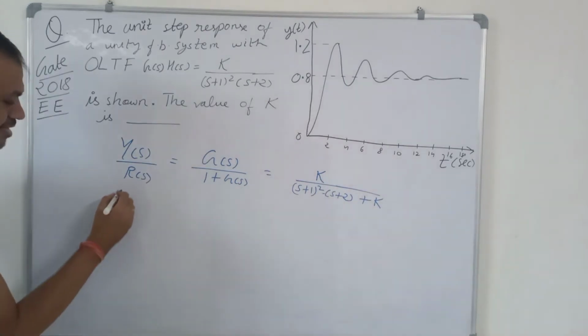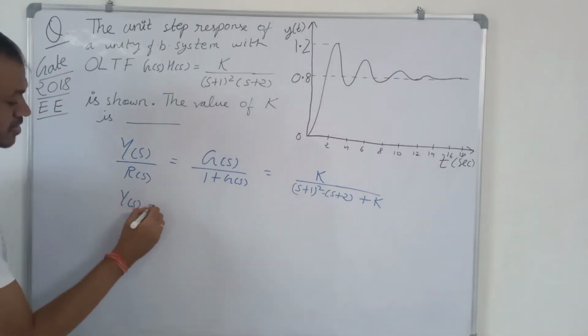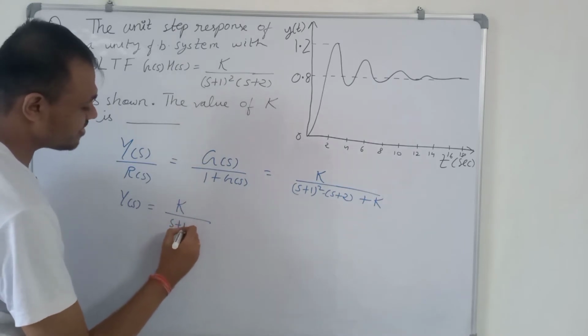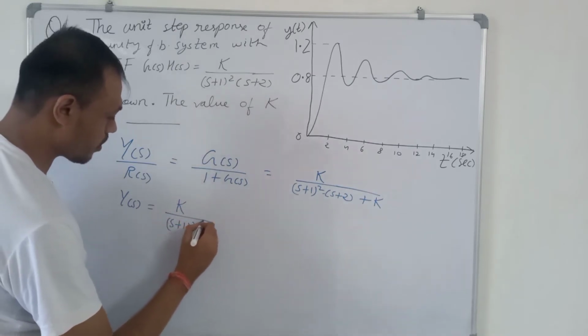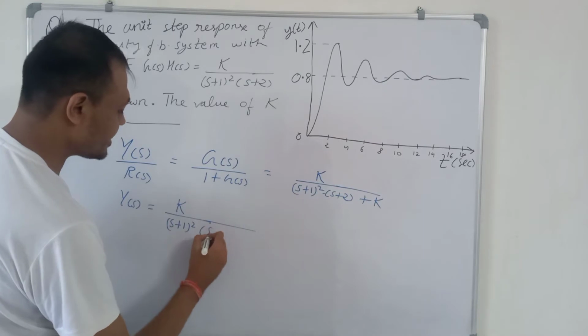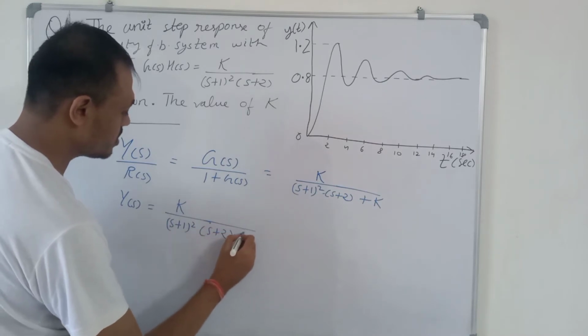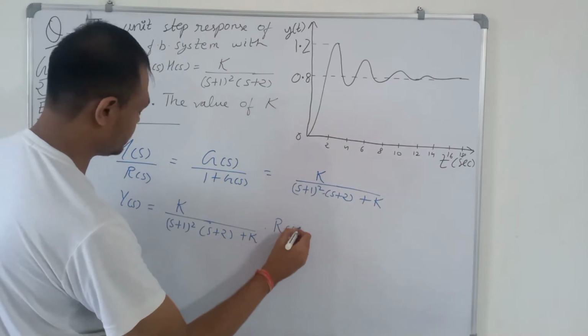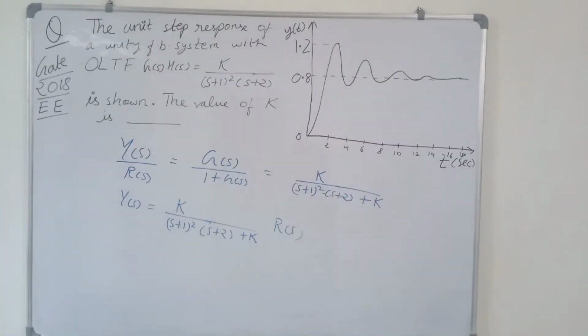So Y(s) will be equal to K upon (s plus 1) whole square (s plus 2) plus K into R(s). And R(s) is the input.